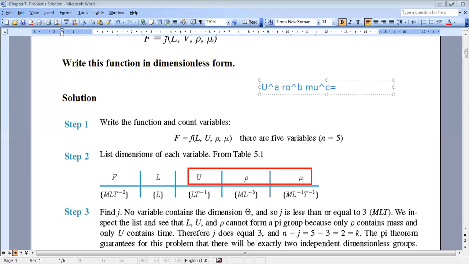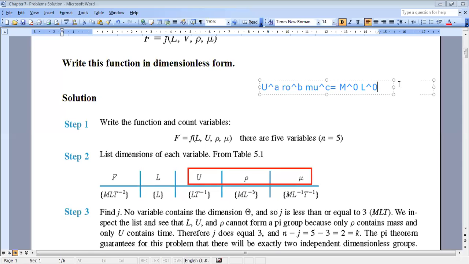To form a group, what should be the result? I should obtain, as a result, a dimension M to the power 0, L to the power 0, and T to the power 0, because to have a group, the dimension should be 1.